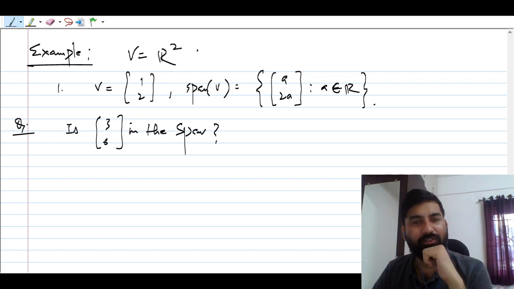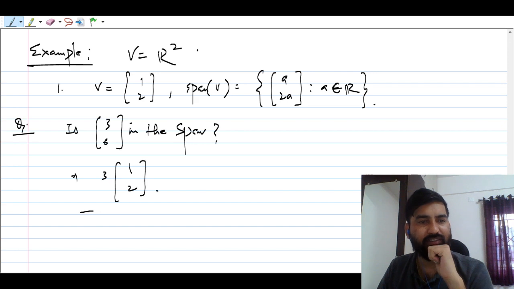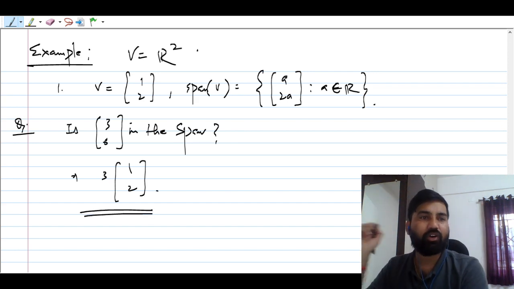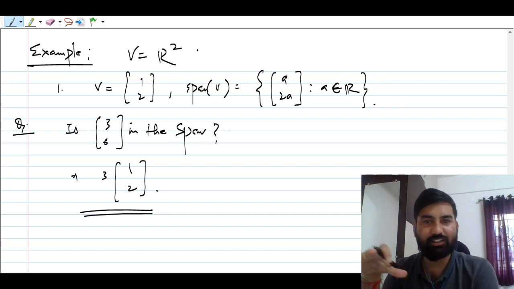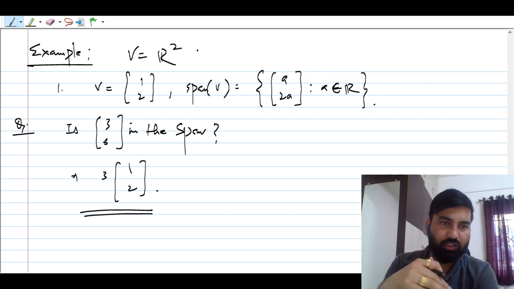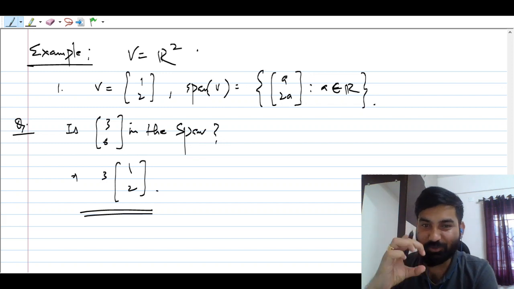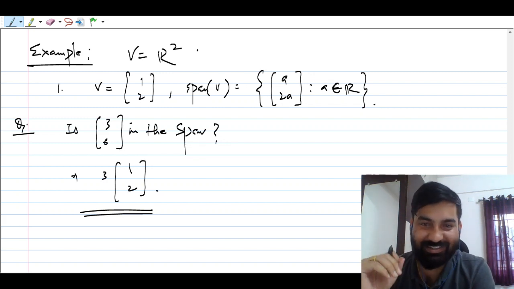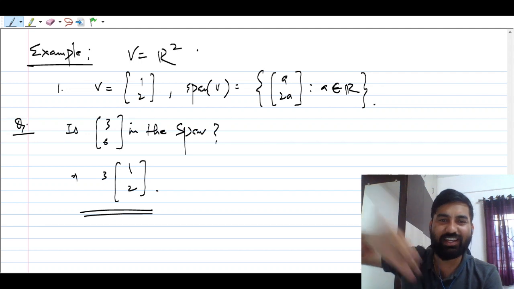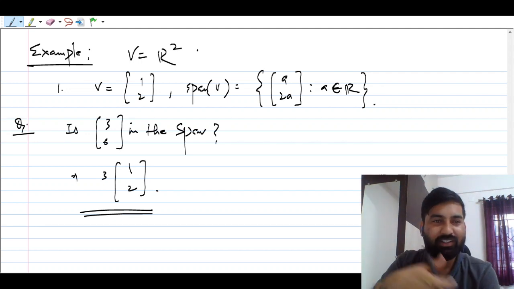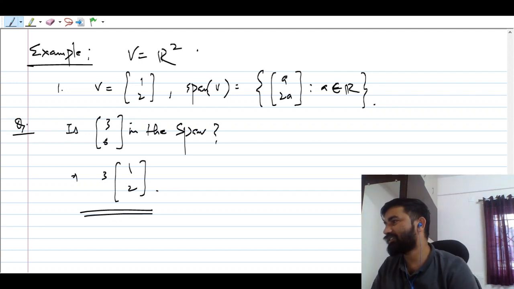You take 3 common here, तो आप यहाँ पर 3 कॉमन लोगे तो क्या है 1 2 है, राइट? तो yes, it is in the span. समझ आया क्या ये चीज? बताओ, मान लो एक वेक्टर v दिया है 1 2, now they are asking is 3 6 in the span, मतलब ये जो 3 6 है ये स्पैन में है कि नहीं है? तो yes, it belongs to the straight line, you take 3 common, 3 times 1 2, yes.